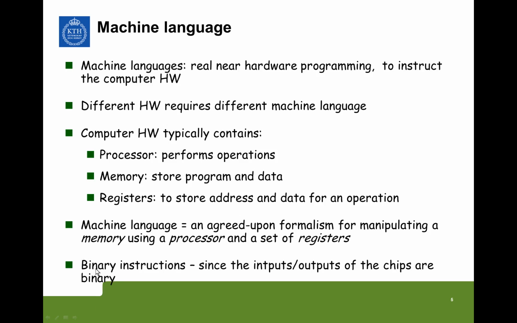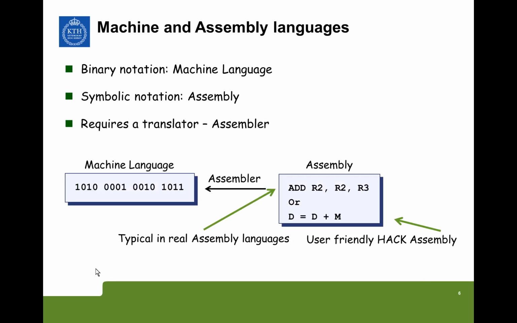We know that the machine language has to contain binary instructions. Why? Because the inputs and outputs of our hardware chips are binary. So machine language will use binary notation, but it is very hard to read for us people. So we also have a symbolic notation, and this is called the assembly language.